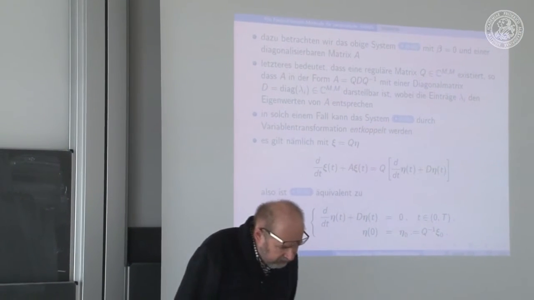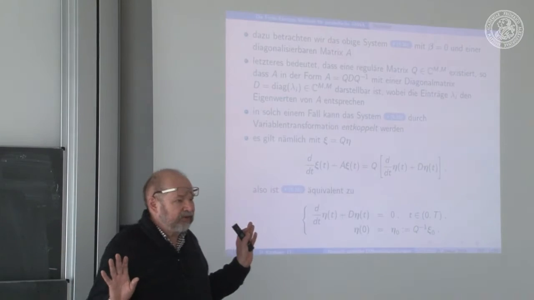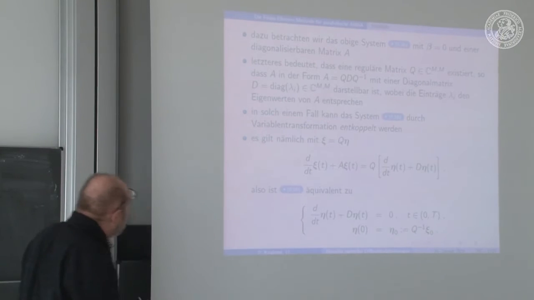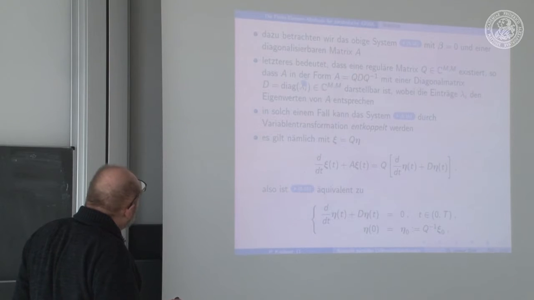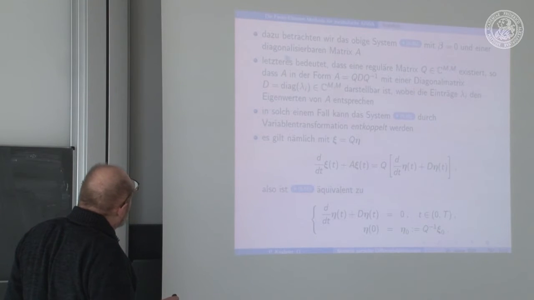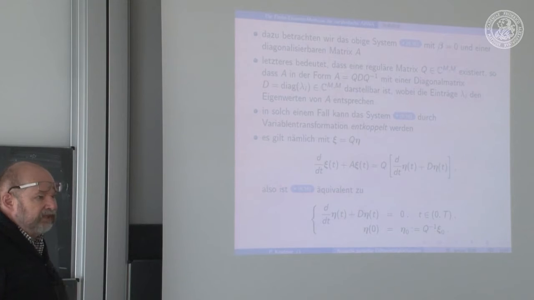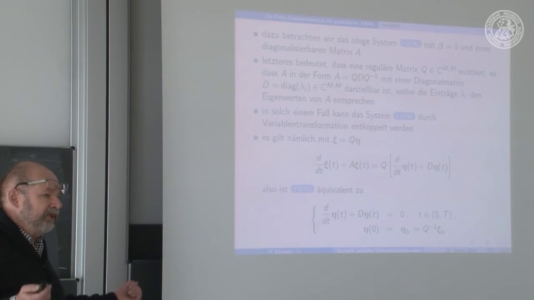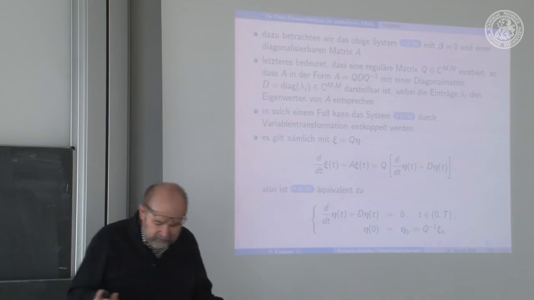The matrix is denoted by Q. I think in the English version it has another name, but I forgot what the name of this matrix of eigenvectors was. So now we assume that we are in the diagonalizable case. We are always in the diagonalizable case if the matrix is symmetric, of course. So if you have pure diffusive forces, there's no problem with that.